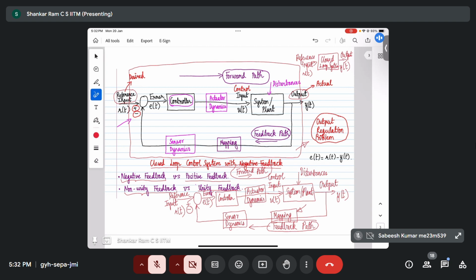That is Y of t. Then we have a sensor to measure the actual temperature. The user provides the reference input, and then it's subtracted to get the error, which then goes to the controller, and the controller takes action. So I hope now it's clear how this works. Right, sir. Thank you.